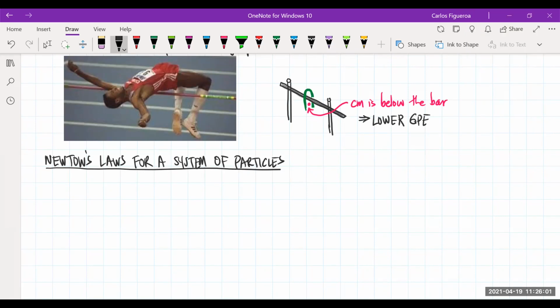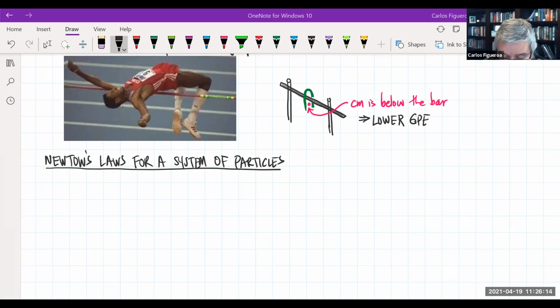Yes. When you say the center of mass is below the bar, from the picture, that kind of looks confusing because his body is above the bar. Well, one of the things that I was saying here is that I tried to get a clip where part of his body is below you.